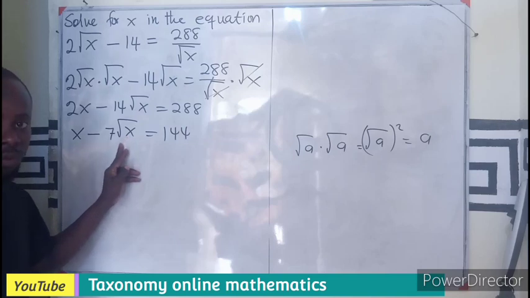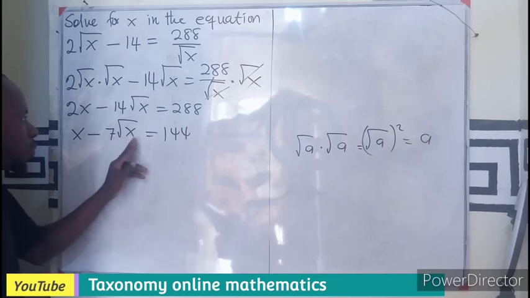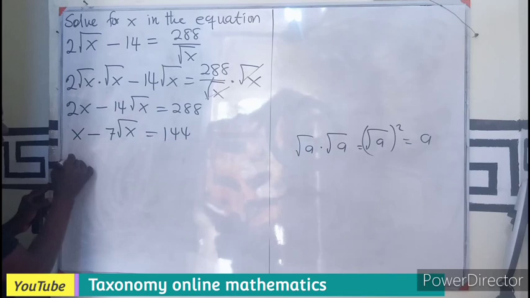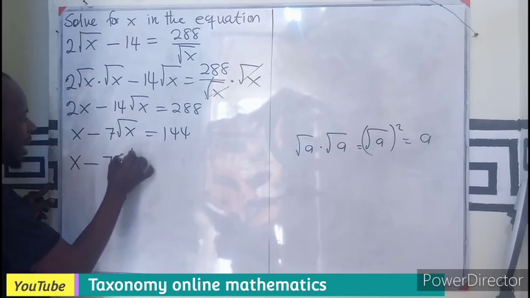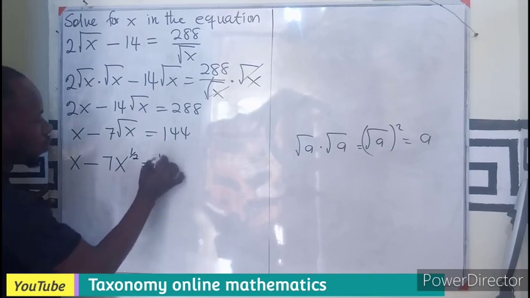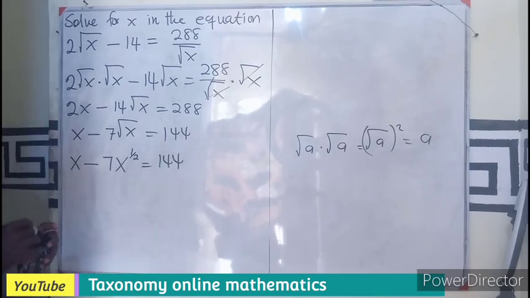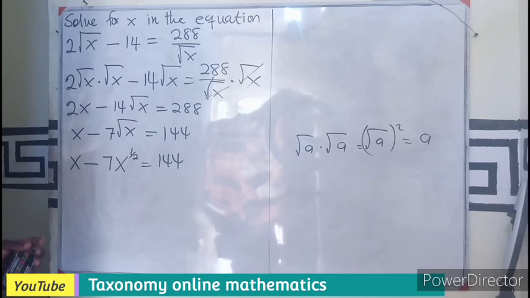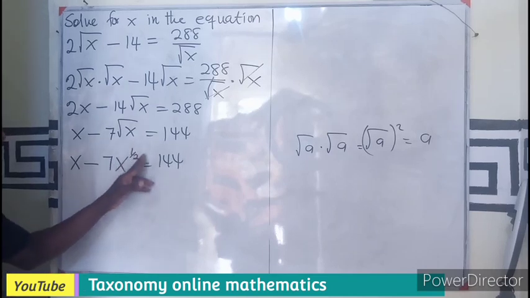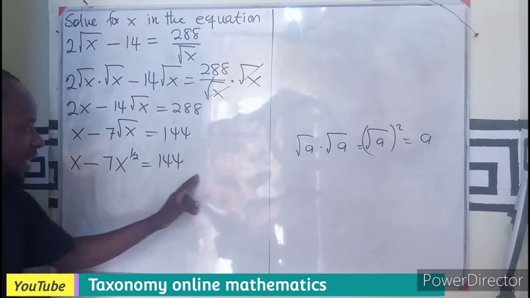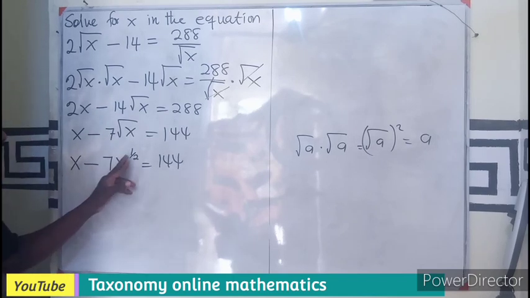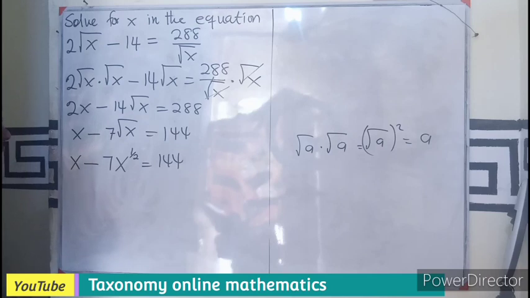This is having a root, and I'm sure we can eliminate the root by making it a power. So you have x minus 7x to the power half equals 144. So what do we do in this case? We know that the fractional power will not make this equation linear, so what do we do to eliminate this fractional exponent?